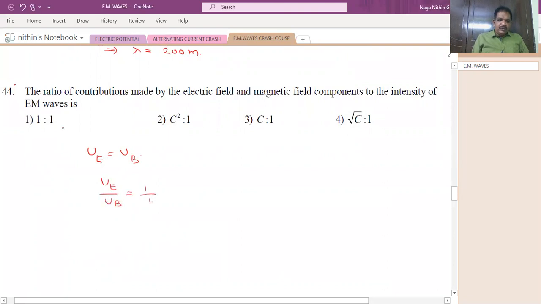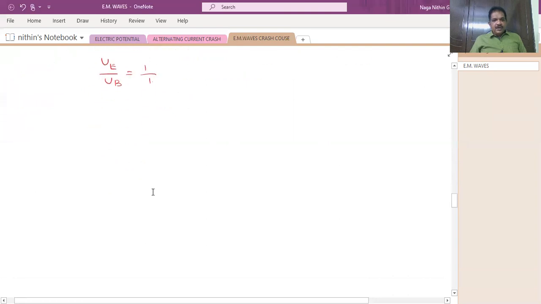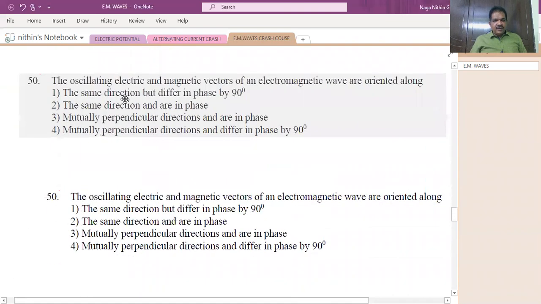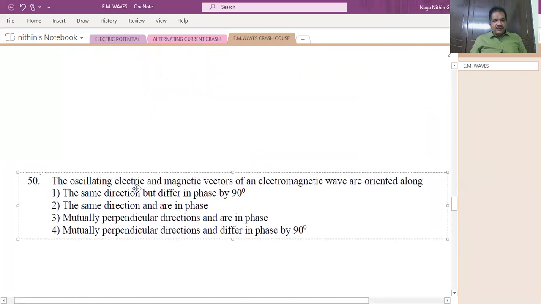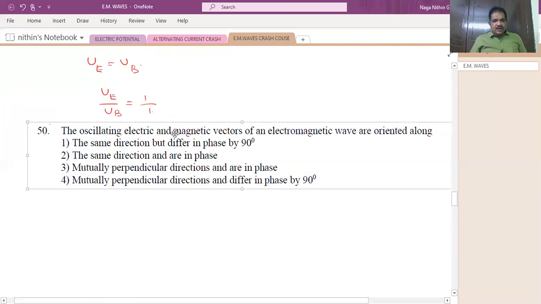UE by UB is equal in magnitude: 1 by 2 epsilon naught E square is equal to B square by 2 mu naught. Energies will be equal in magnitude. So most of the theory questions will be like this. The oscillating electric and magnetic field vectors of an electromagnetic wave are oriented along mutually perpendicular directions, but they are in the same phase. This is the answer for it.